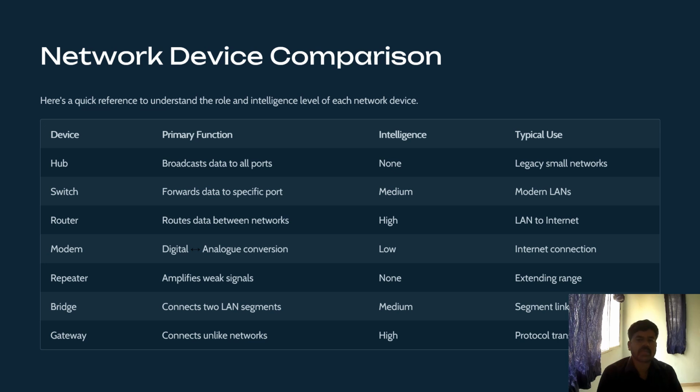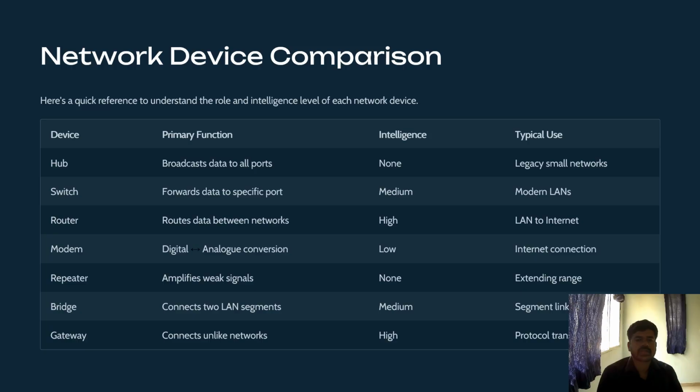For example, routers manufactured by Cisco are widely used in enterprises. Then next device is modem. Modem stands for modulator and demodulator. It converts digital signal into analog signal.